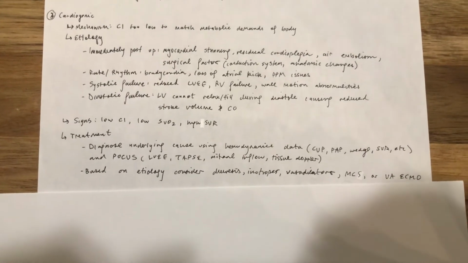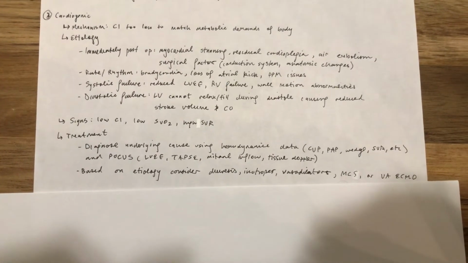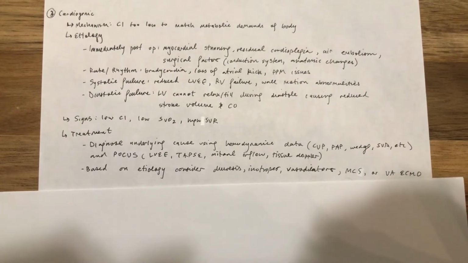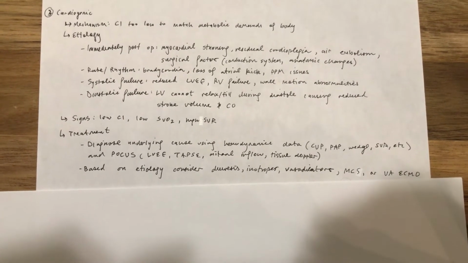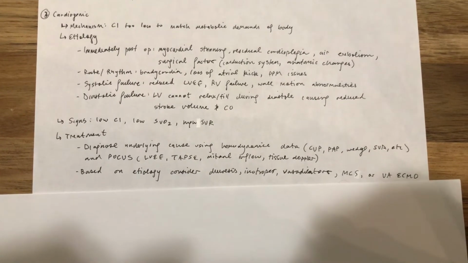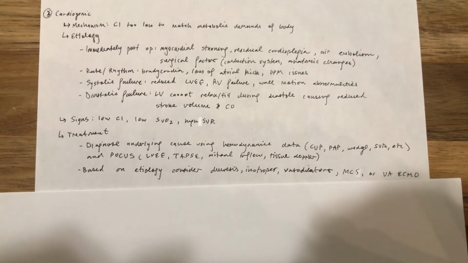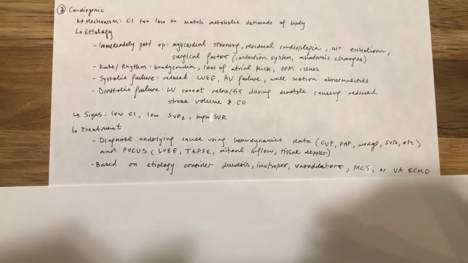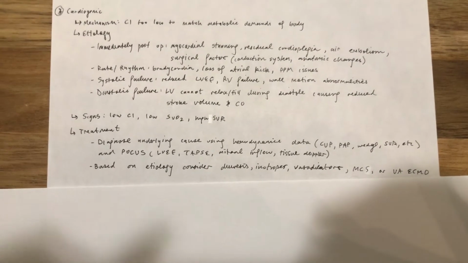So the first one is postoperative complications, and this is a broader category that I created because this is all surgical factors and cardiopulmonary bypass factors that are unique to the cardiac surgical ICU.